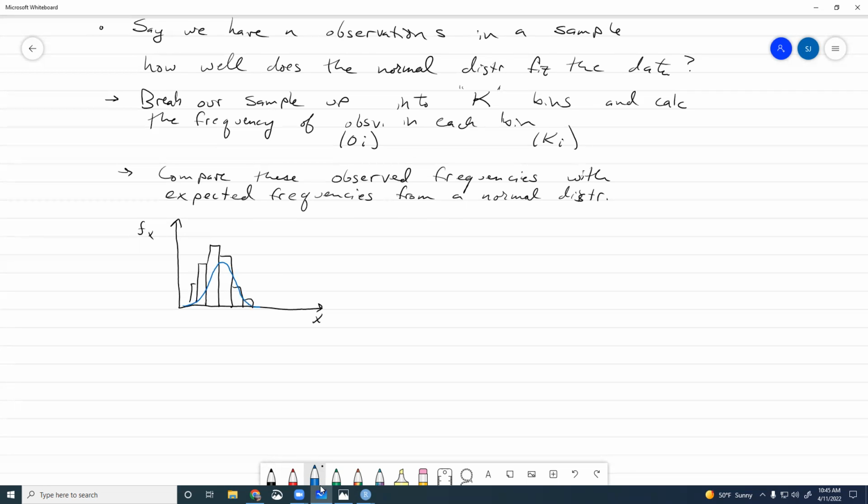It's going to be a little bit different, right? And so in this case, we have 1, 2, 3, 4, 5, 6 bins. So k is equal to 6 bins. And then we have all of our observed frequencies, right? And then under each of these bins, we also have these areas, right? So this is going to be E3, E4, and that's going to be the area under the curve within each bin range.